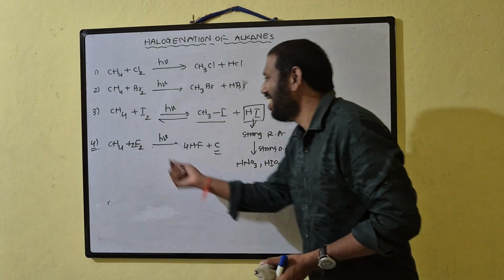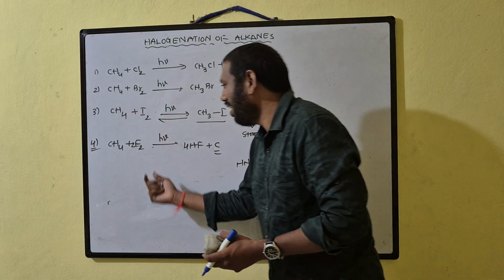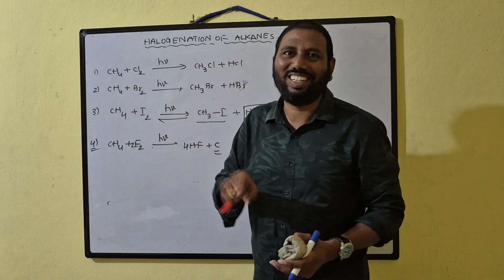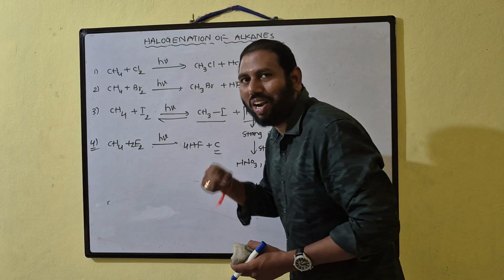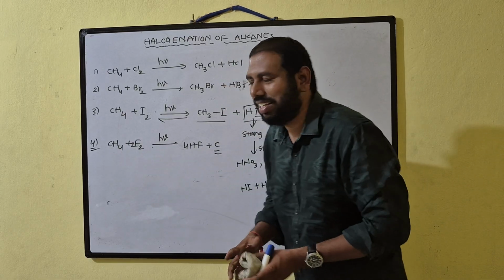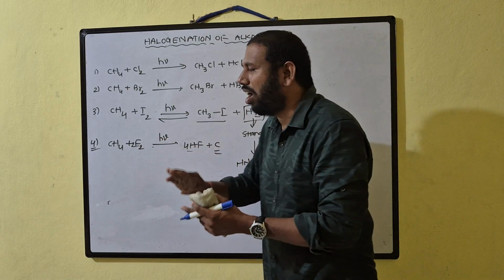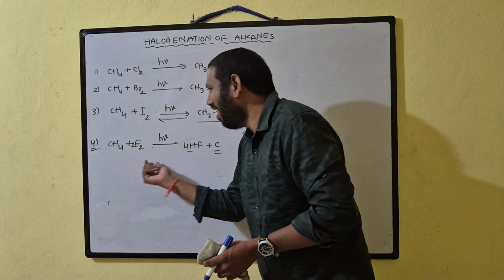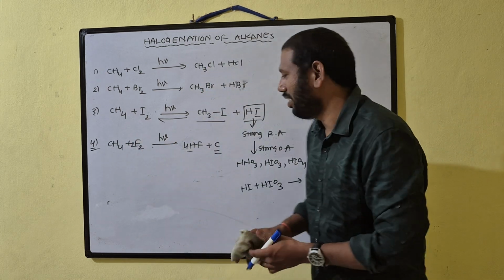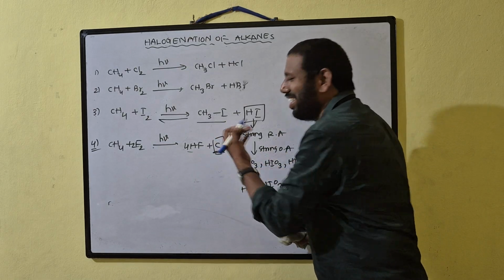What is the reason? Chlorine has high reactivity and high affinity towards hydrogen. It can react with all the hydrogen present on the alkane and produce hydrogen chloride. And what we get is only carbon.